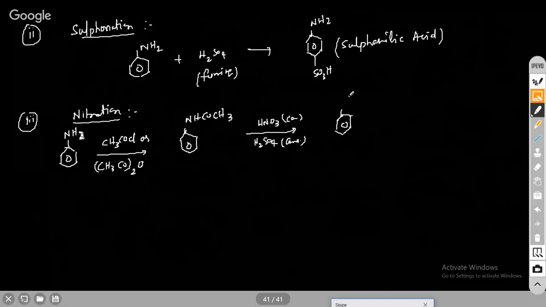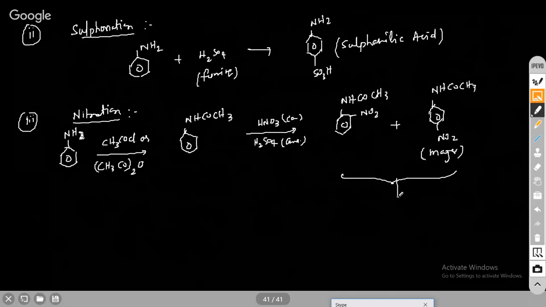That will be NHCOCH3 with NO2, plus the para substituted product, NHCOCH3 with NO2. This one is the major product we have. Now, when you do the acid hydrolysis of this, H plus H2O, you will get para-nitroaniline and ortho-nitroaniline.